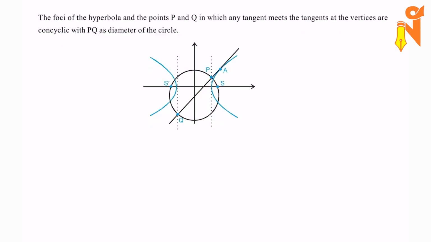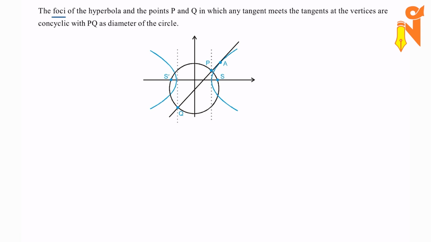The next property: the foci of the hyperbola and the points P and Q in which any tangent meets the tangents at the vertices are concyclic. So this is the tangent, and these two are tangents at the vertices. Hope you understand the meaning of tangent at vertex, because these are the vertices A and A dash.